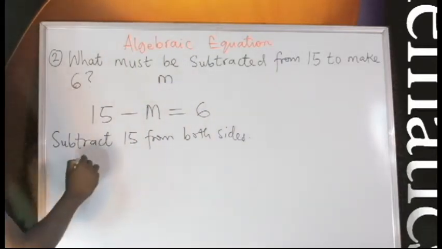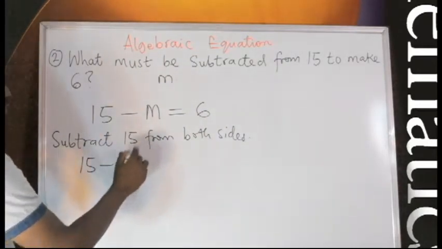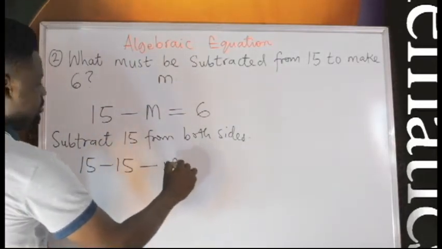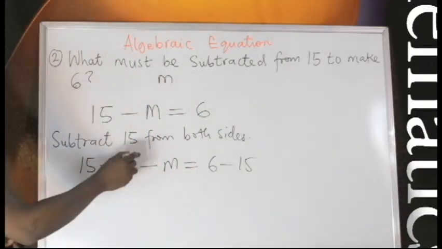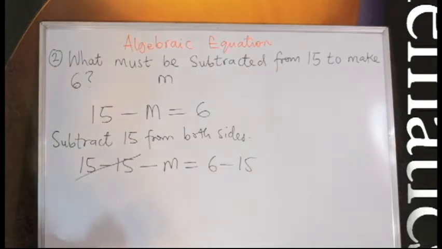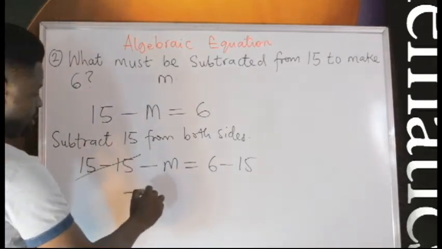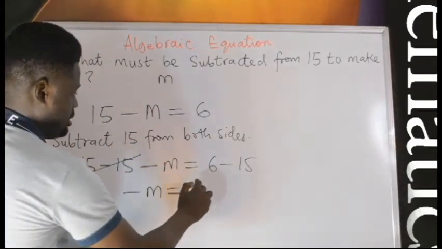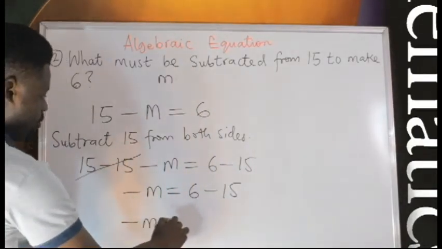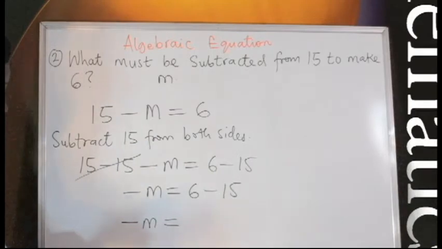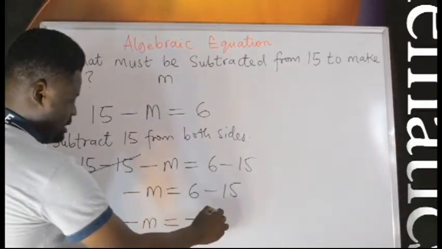So we have 15 minus 15, then your minus M equals 6 minus 15. So 15 minus 15 will be off, so we are left with minus M equals 6 minus 15, which is minus 9.